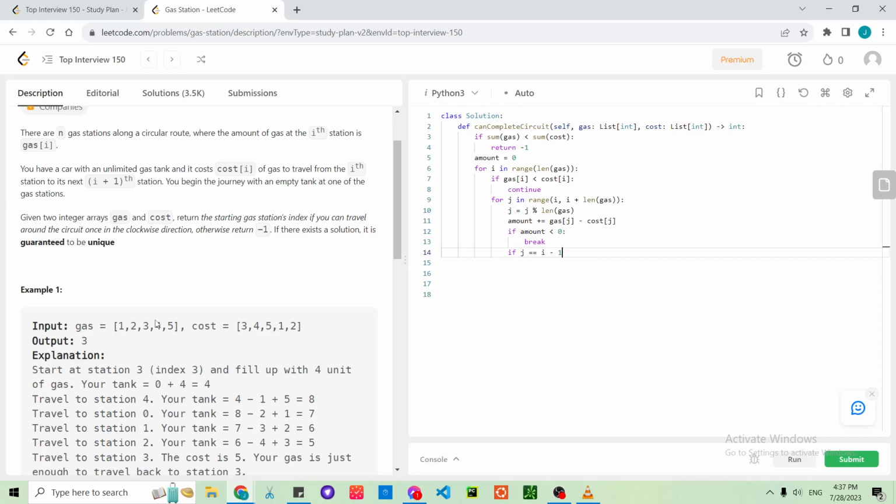Okay, yeah. So that means it is able to reach the start index. So if it's able to reach the start index, then j is equal to i minus 1. That means we have found the start index to be i. Otherwise, we return minus 1. But we essentially, that's the minus 1 case, and this is just finding it.